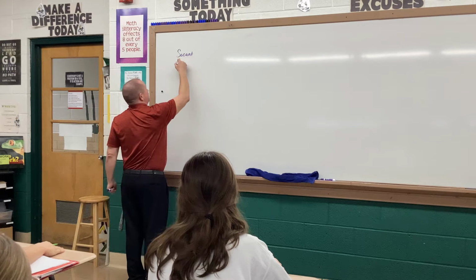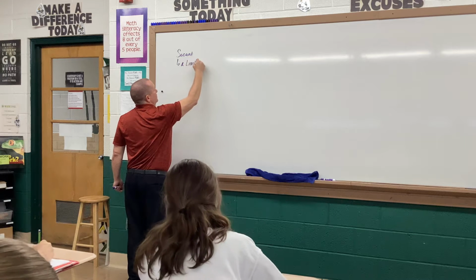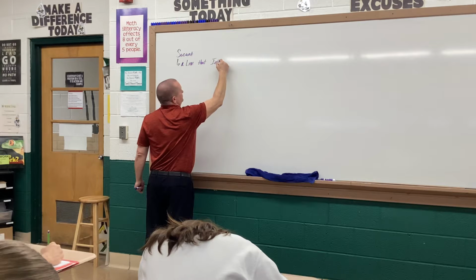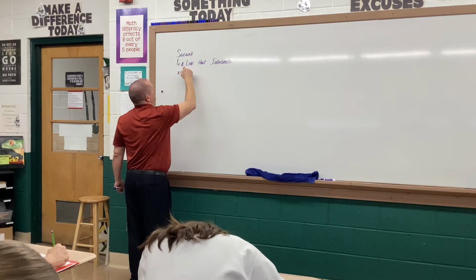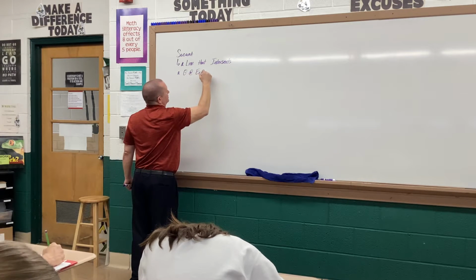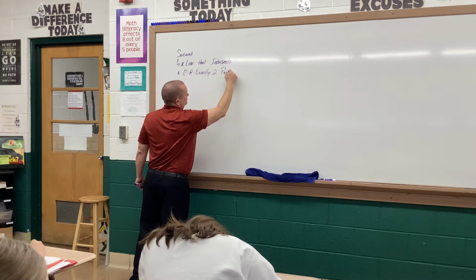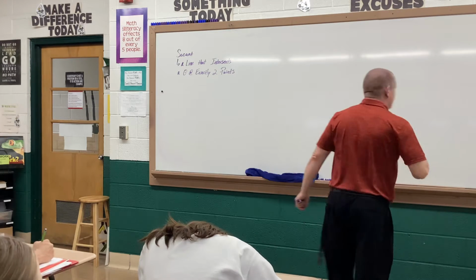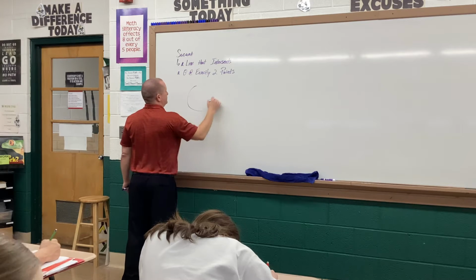A secant is going to be a line that intersects a circle at exactly 2 places. So there's a lot of ways that you can do this. Everybody try to draw a circle again.